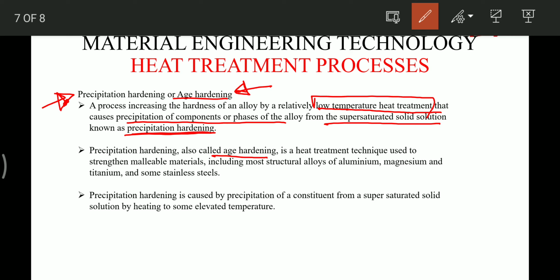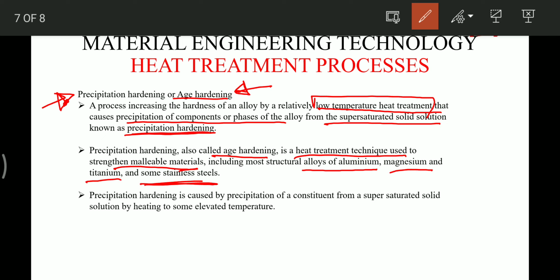This is actually a heat treatment technique which is used to strengthen malleable materials, which includes structural alloys of aluminum, magnesium, titanium, and some stainless steel.